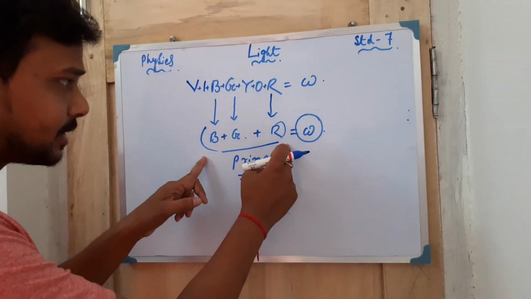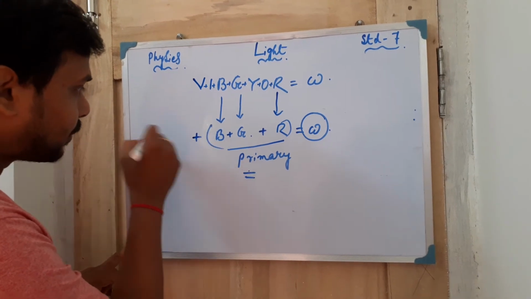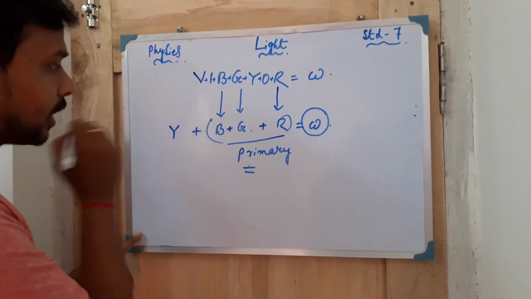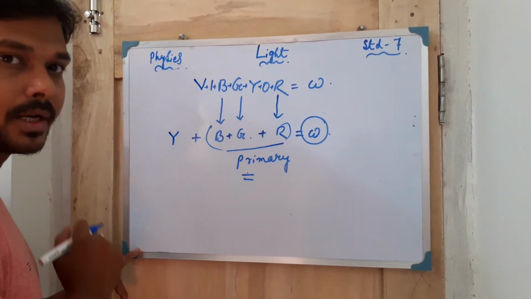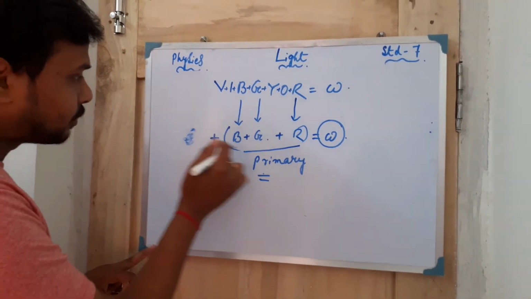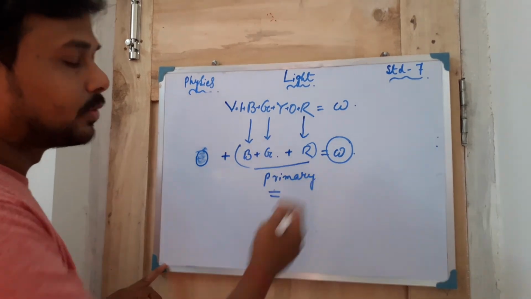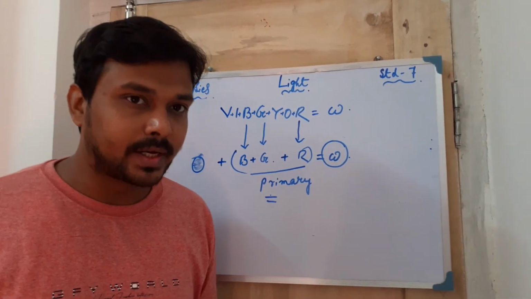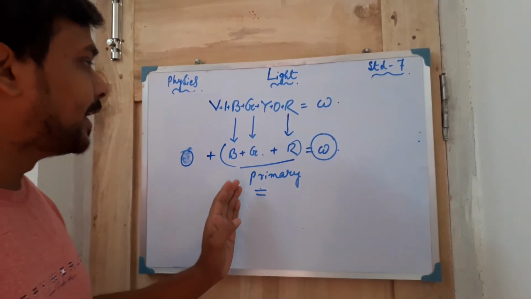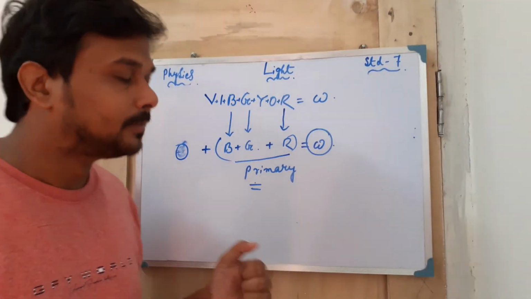Suppose this color is present here. Suppose you are further adding yellow color with this one, then what type of color will you get? Suppose within this one you are adding orange color, then what type of color are you getting? So this particular thing is known as the color addition part.